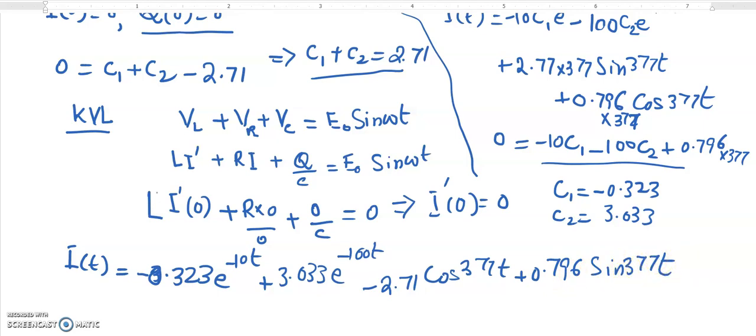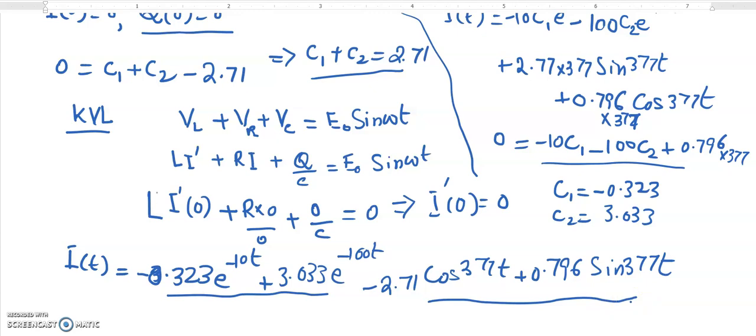So in this case we can see that we also have these two types of solutions. The first two terms are decreasing exponentially, and the other two terms are periodically changing.